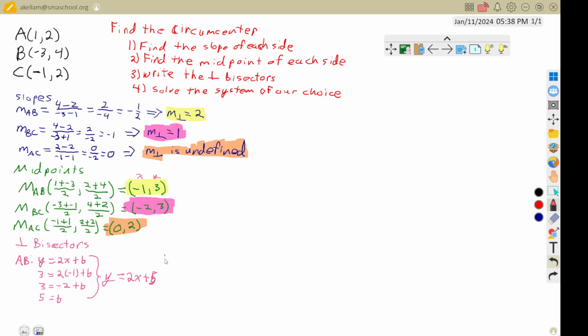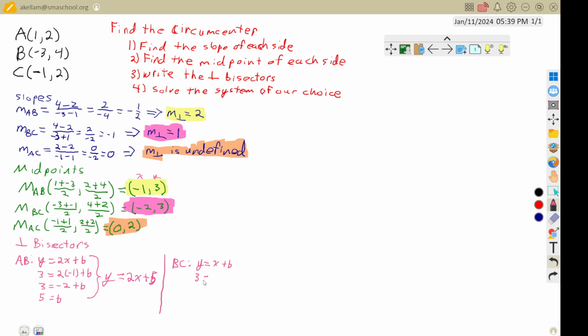Okay, now let's do BC. Again, we have that y equals, just in this case it is 1x, so just x plus some b. Again, I'm going to use the fact that I have an x and a y from my midpoint.